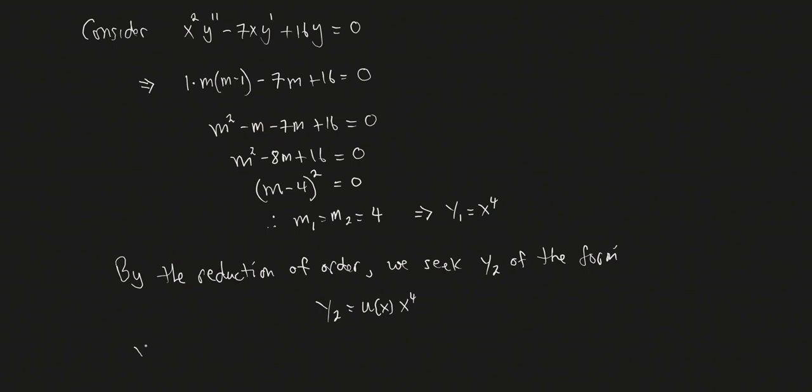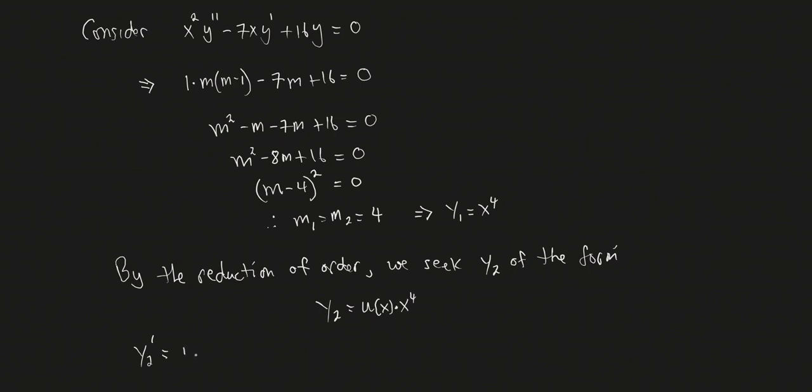So let's differentiate y2 once. Now, because we're multiplying by a function of x, we just don't know what the function is. That's our goal, to figure out what u is. We have to use our product rule.